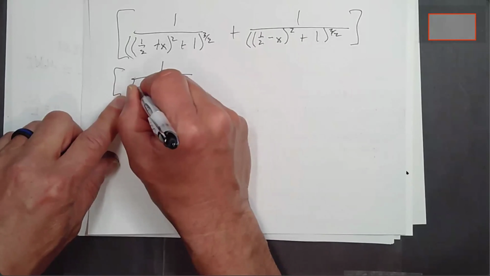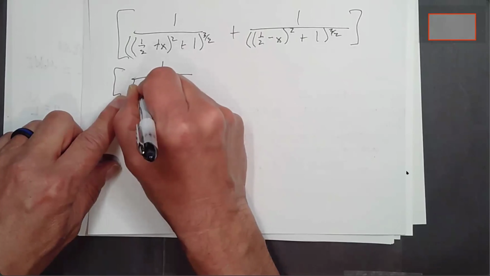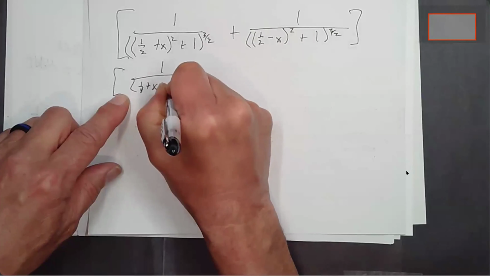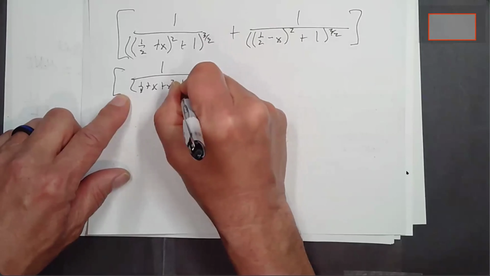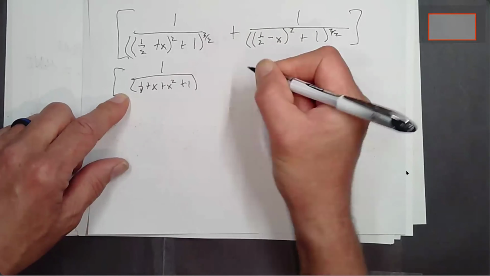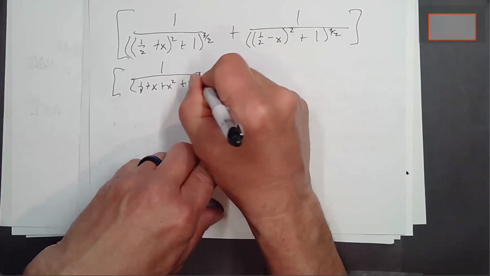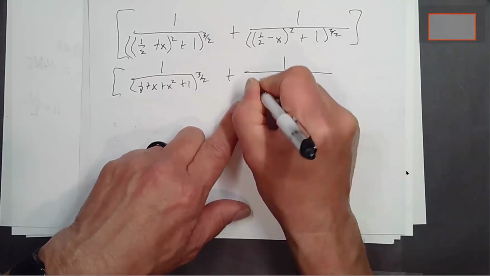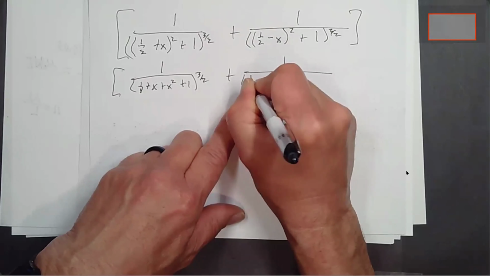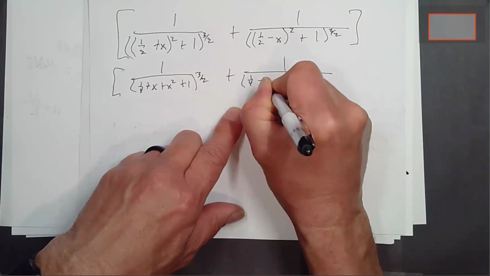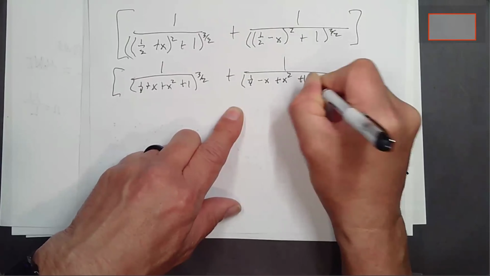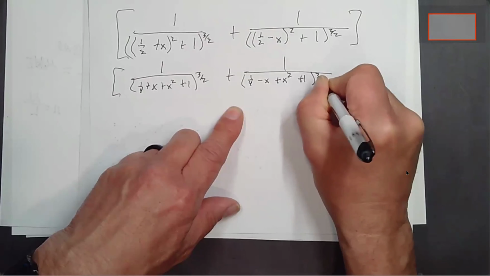Anyway, you get basically 1/4 plus x squared. And then we've got the plus 1 that's left outside there, and that's all to the 3/2. And for the other term, I'll get 1/4 minus x plus x squared plus 1, and that's to the 3/2.